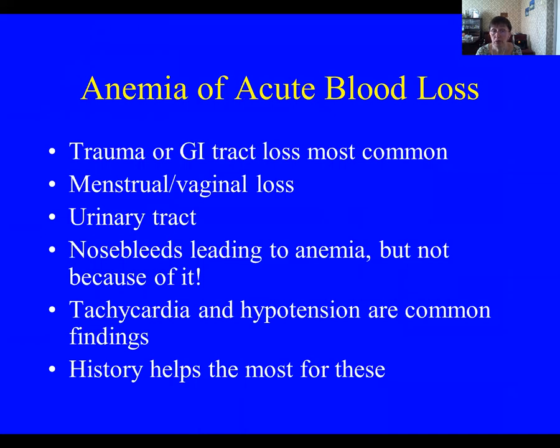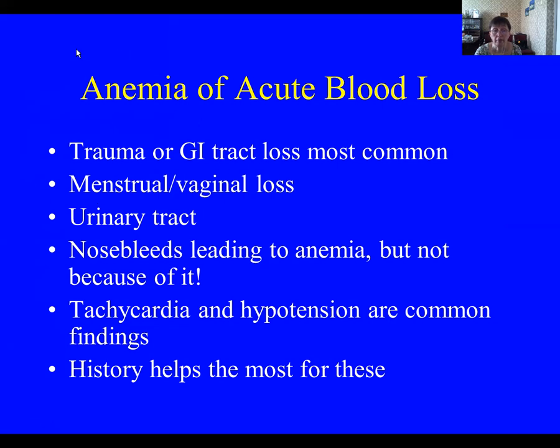So we begin to speak about anemia of acute blood loss. It may be the result of trauma, some problems in the gastrointestinal tract, menstrual or vaginal loss in women is very often, then urinary tract bleedings, nosebleeds may also be the cause of anemia.